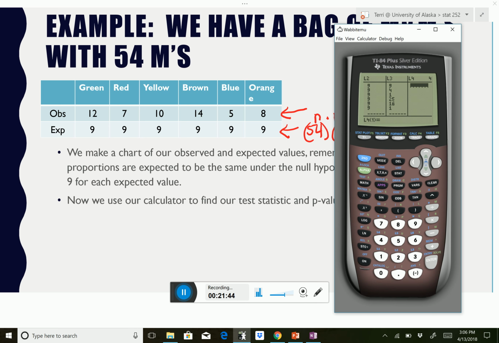Okay, and then list 4 is going to be list 3 divided by list 2. Okay, so here's all of those.